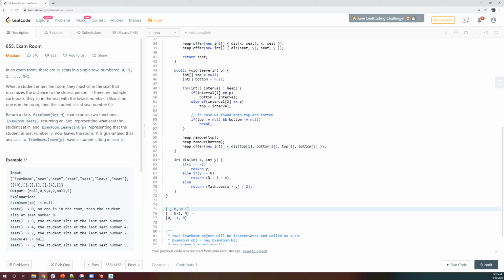Yeah. And here the distance would be, we already have some distance calculation. And n minus 2, n minus 2. And here it would be 0, 0.